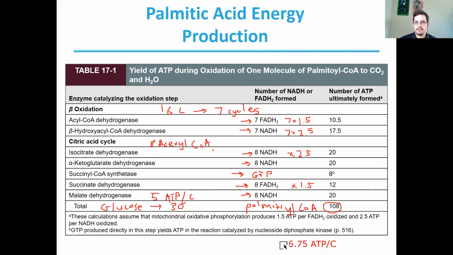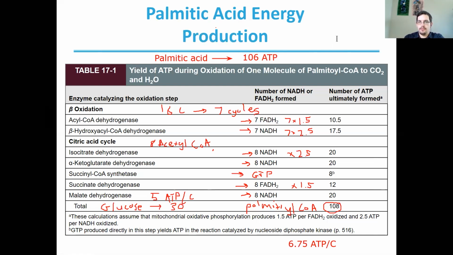We would lose, of course, some here as well because of the initial conversion to the palmitoyl-CoA. So if we're looking at the energy from palmitic acid, starting from our fatty acid and going all the way to our energy production, here you would only get out 106 ATP from a single unit of palmitic acid, right?